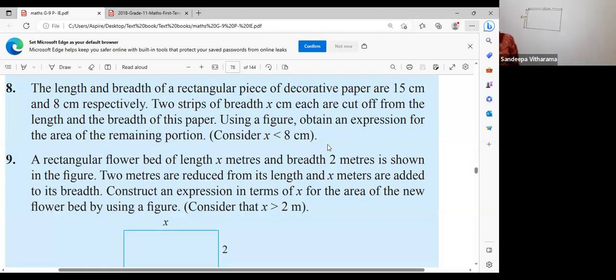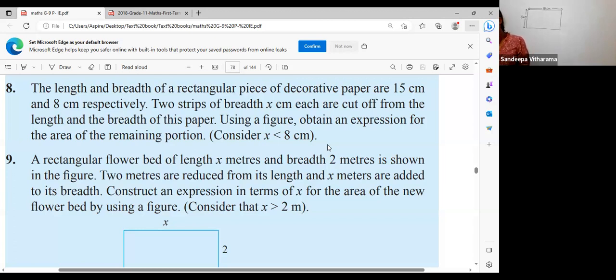This is what they have mentioned in the first sentence. Then two strips of breadth x centimeter each are cut off from length and breadth of this paper.